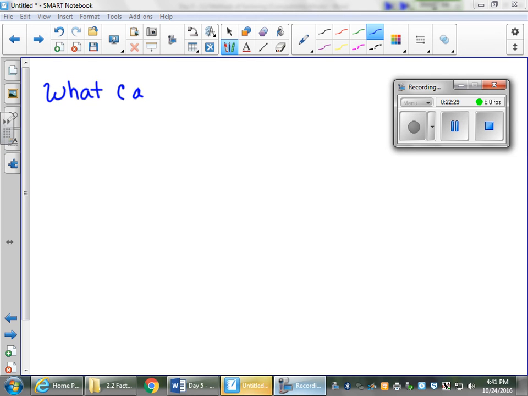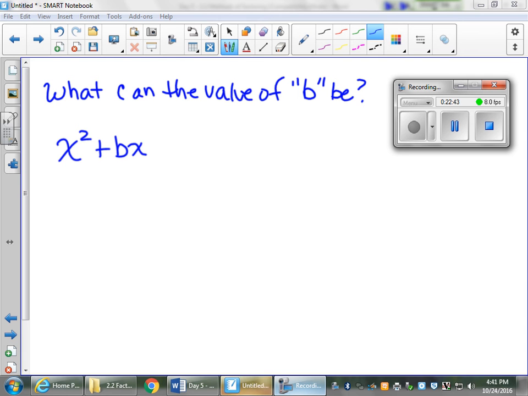What can the value of B be in this quadratic trinomial? So if I gave you x squared plus bx plus 18, in order to make this factorable, what could the b value become if this was factorable?